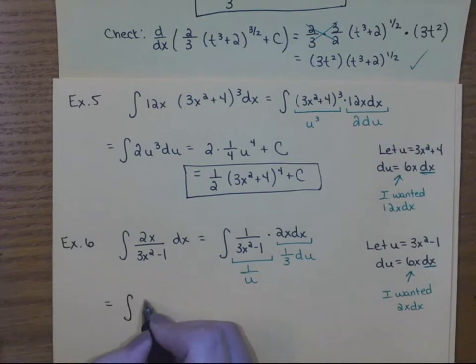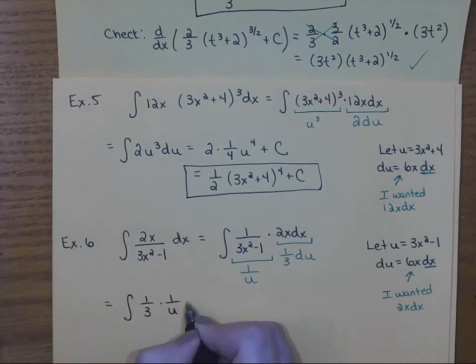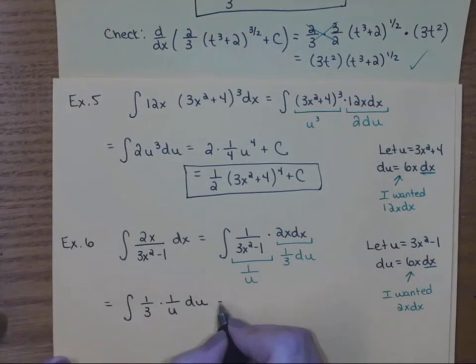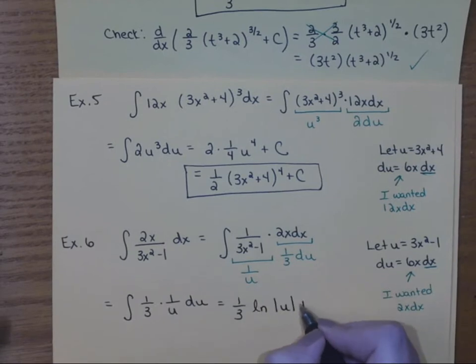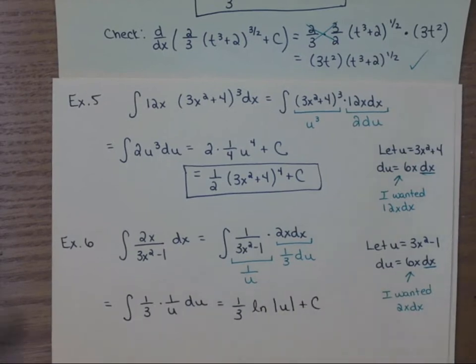So in the end, we're finding the antiderivative of this. Okay, so don't let the 1/3 throw you off. It's just a constant. Pull it over. And then remember, this is our special case, right? So the antiderivative of 1 over u is the natural log of the absolute value of u. Don't forget your absolute value bars plus c.